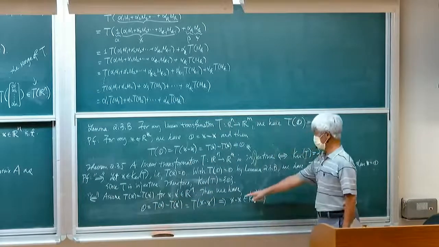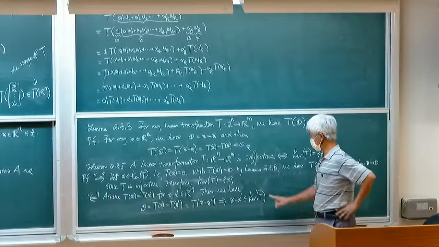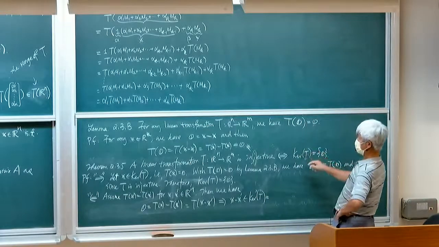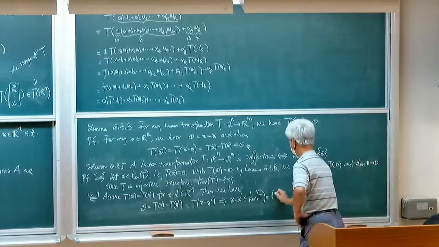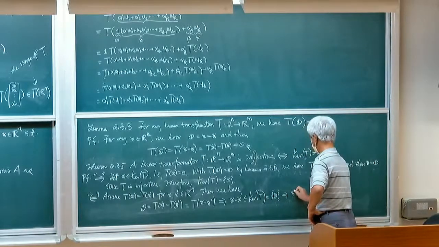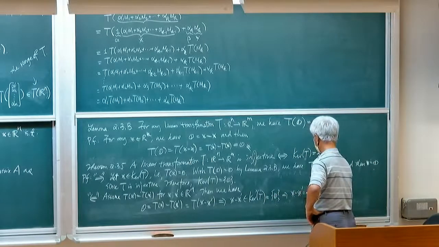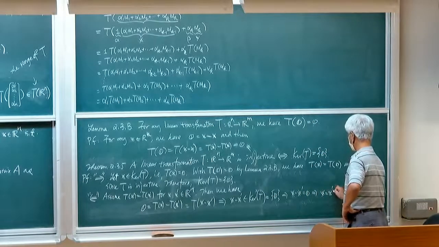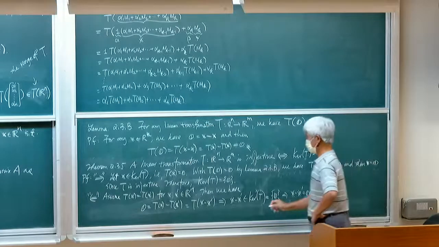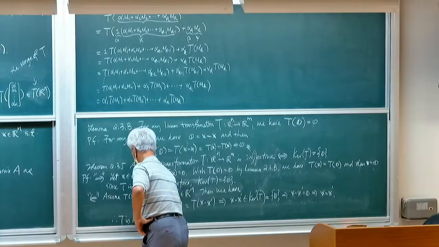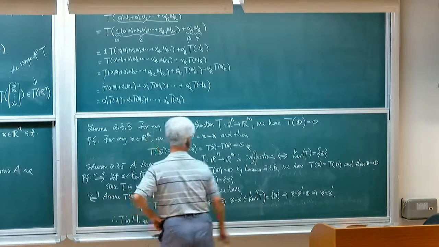But the kernel of T is equal to this set, so x minus x prime must be equal to 0, and this implies that x equals x prime. All right? So T is one-to-one. End of the proof.